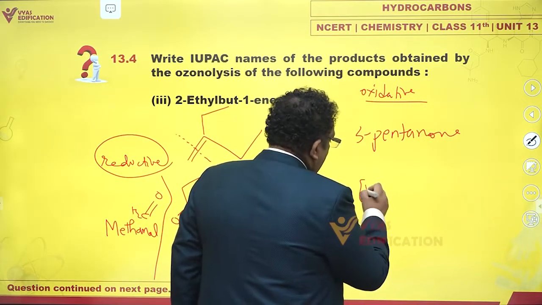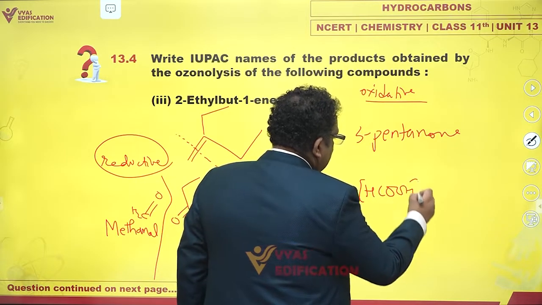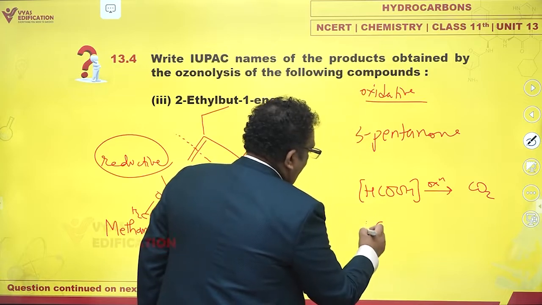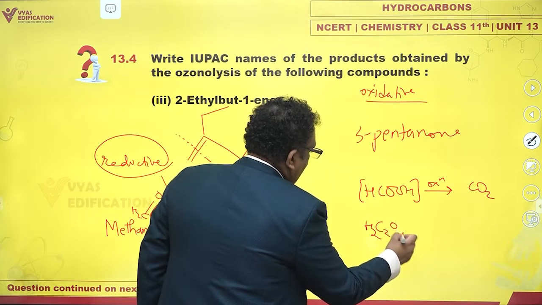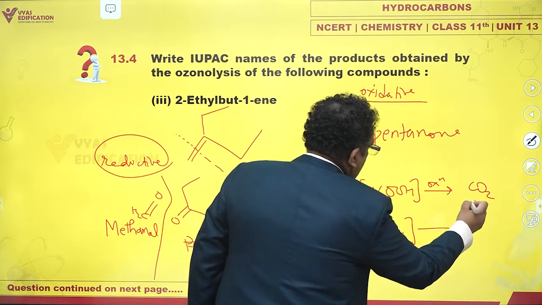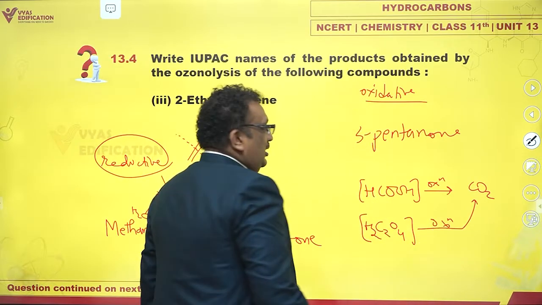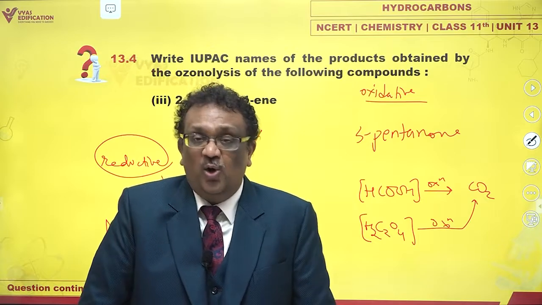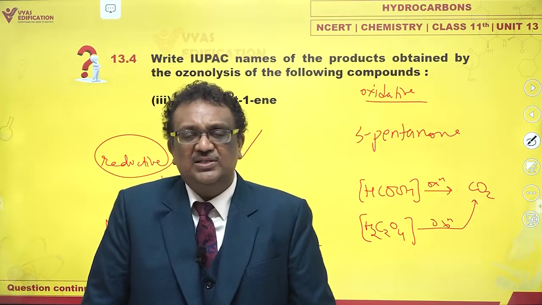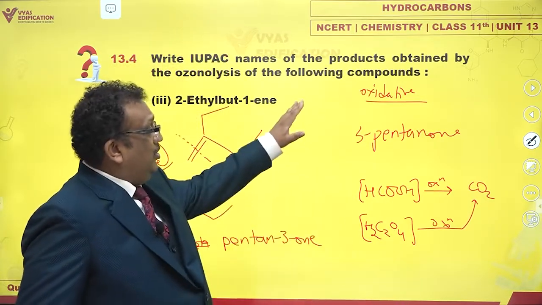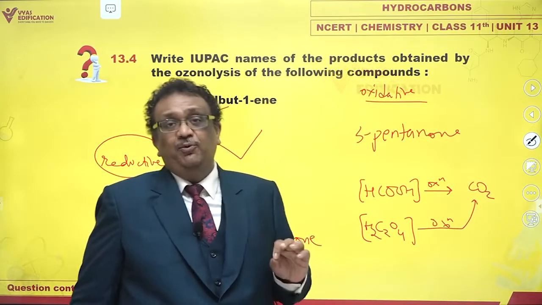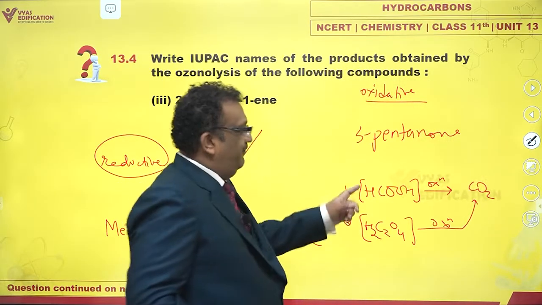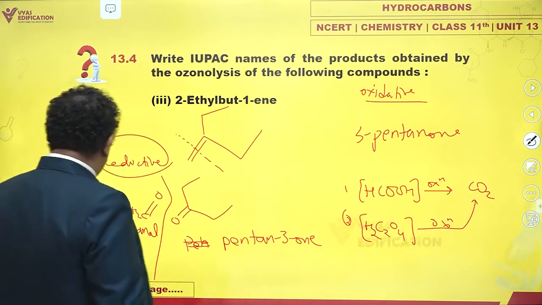If I have HCOOH, formic acid, it gets oxidized to carbon dioxide. And oxalic acid, H2C2O4, also gets oxidized. The normal acids, acetic or ethanoic, propanoic, butanoic, all these acids stay very well as products in oxidative ozonolysis, except two acids. Formic and oxalic acids are oxidized to CO2.